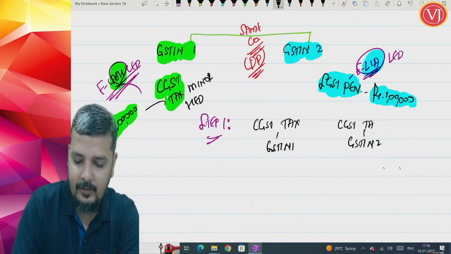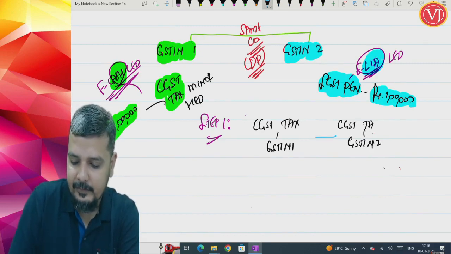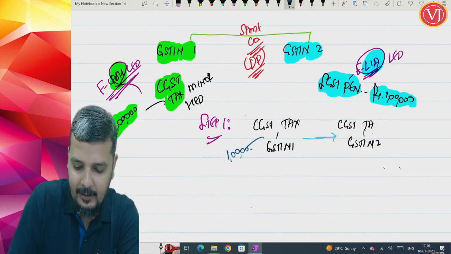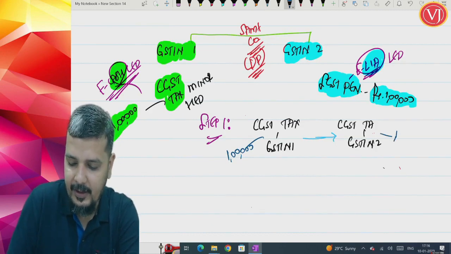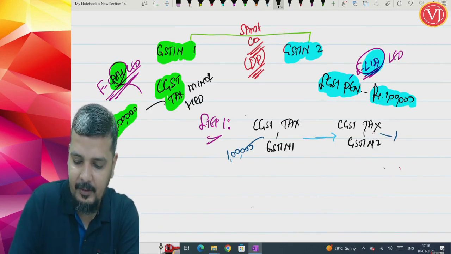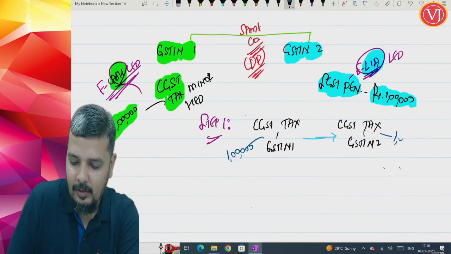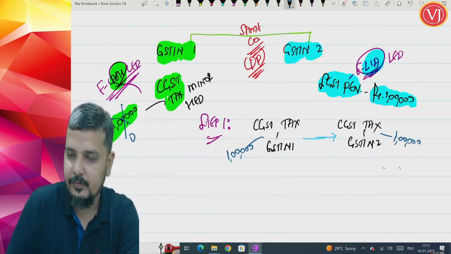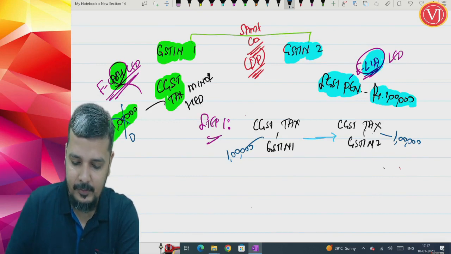So that is the scenario. First you are going to transfer that. From your CGST tax, GST number 1 lakh, you will transfer it to CGST tax, GST number 2. So your cash ledger CGST tax from GST number 1 will become 0, and you'll get that in your GST number 2.